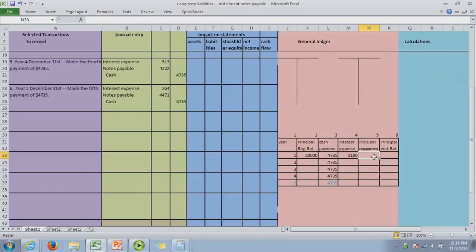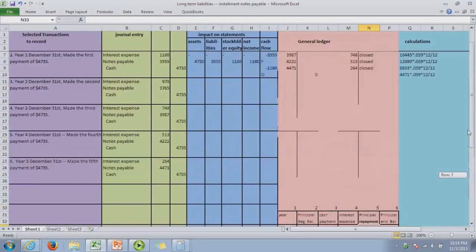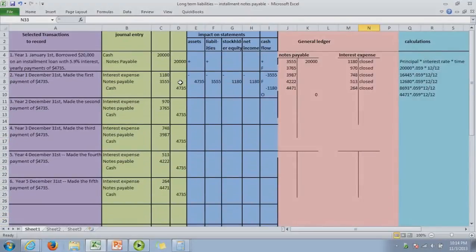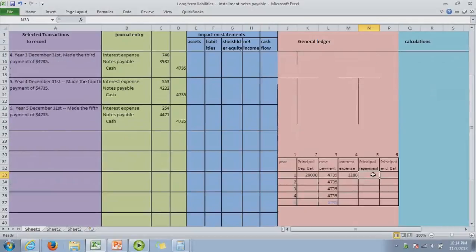Then the principal repayment is column 2 minus column 3, or cash payment minus the interest expense. We've already done that, so we won't do the math there again, but 3,555 was the result. And then the ending principal will be the beginning principal balance, or column 1, minus column 5, which is a repayment.